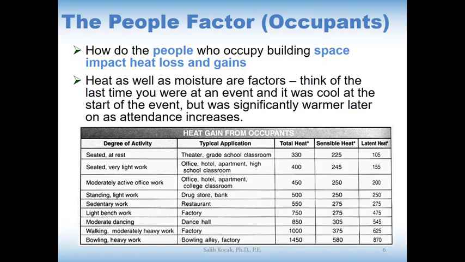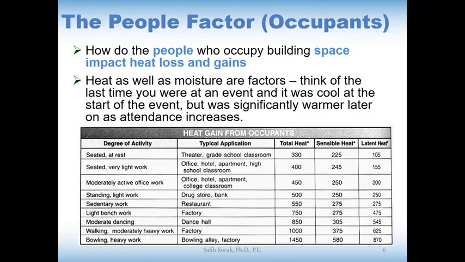If you're just sitting at rest, such as in a school or in a theater, you will not be producing so much moisture, which means you're not going to be sweating a lot, and your heart rate is going to be anywhere between 60 to 70, 80 for a healthy person. So that's why you're not going to produce so much heat.